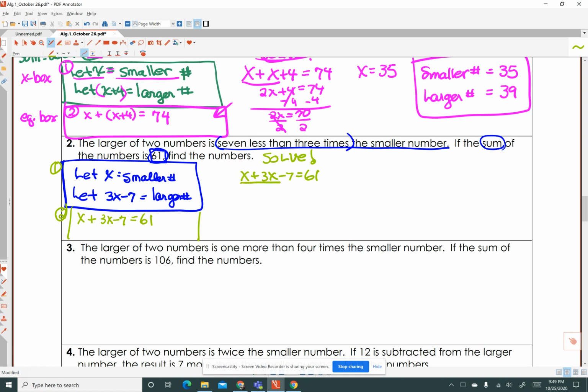We'll combine like terms. 1 plus 3 is 4x. Minus 7 equals 61. We'll add 7 to both sides. 4x equals 68. We'll divide both sides by 4, and x equals 17. Now, we're not done. That's not a final answer yet. So this would be our smaller number.